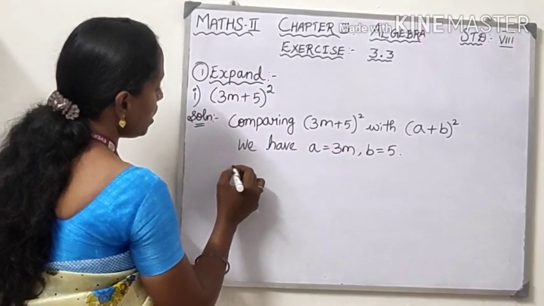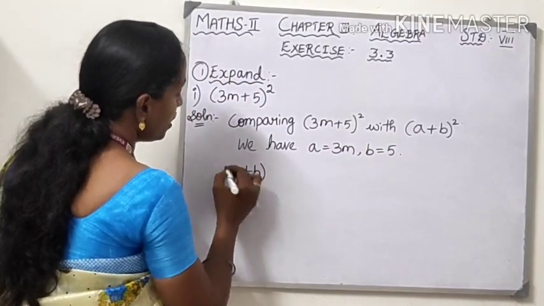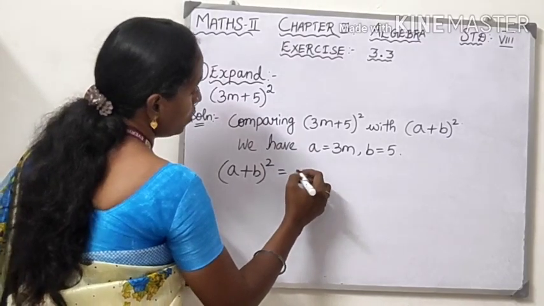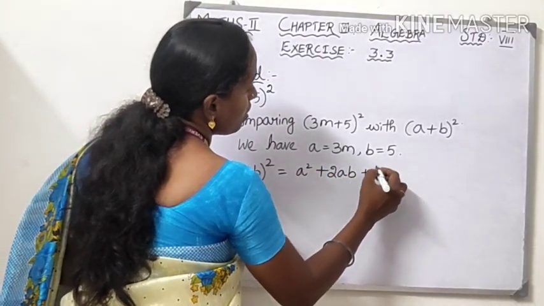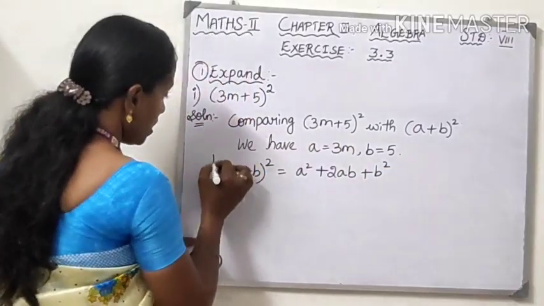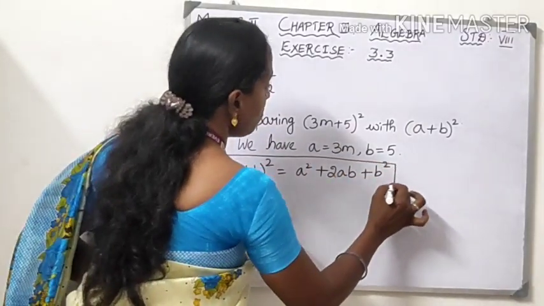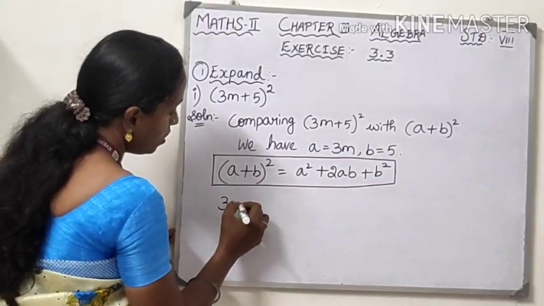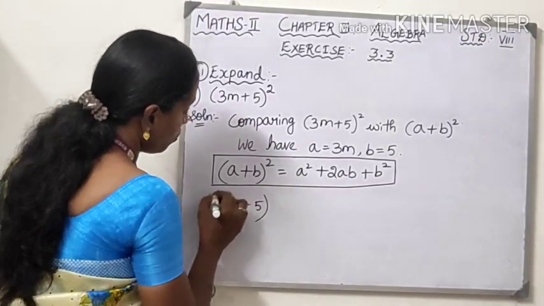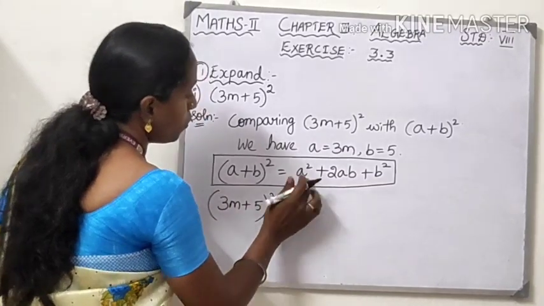So we know the identity (a plus b) the whole square is equal to a square plus 2ab plus b square. In the next step, we are going to replace the values of a and b. Now, (3m plus 5) the whole square is equal to, what is a value?